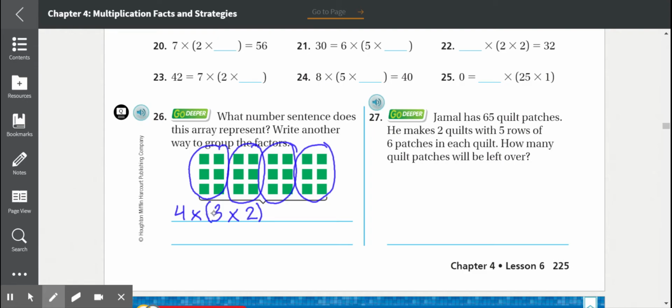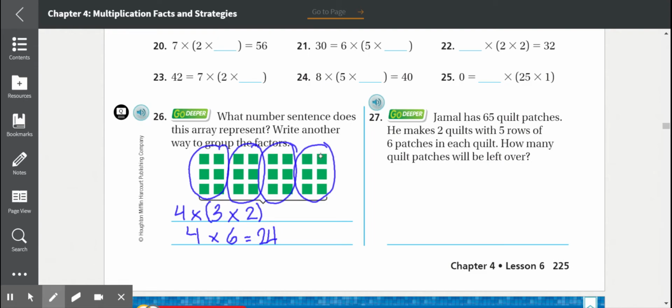Okay, let's solve for this whole thing. Well, what is 3 times 2? 6. And then we would do 4 times 6 equals 24. So if we count all of these squares, we would get 24. Because how many rows are there? 4. And now we're saying we combine the 3 and the 2. So now there's 6. 1, 2, 3, 4.